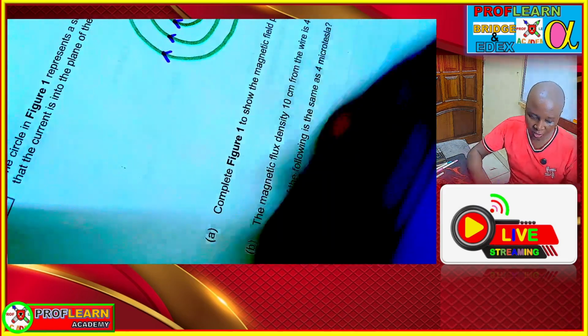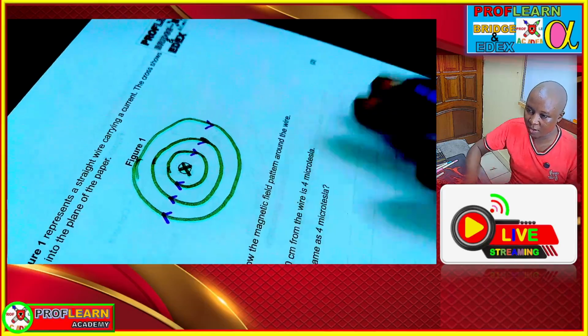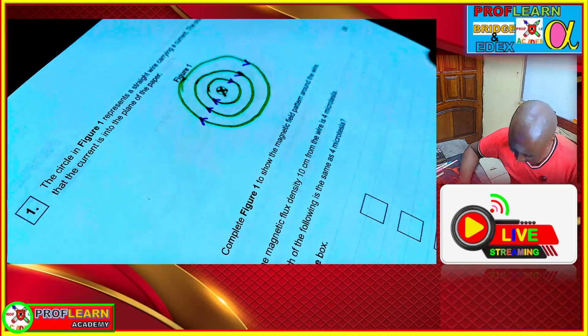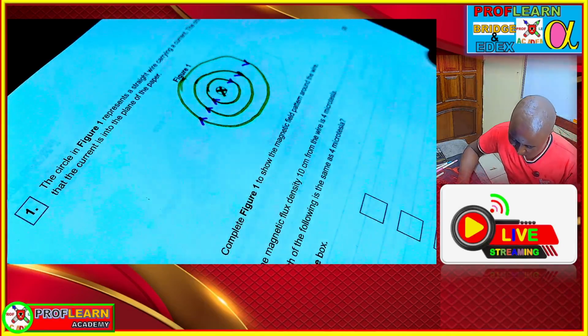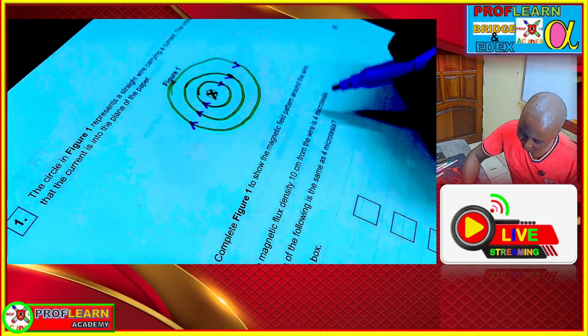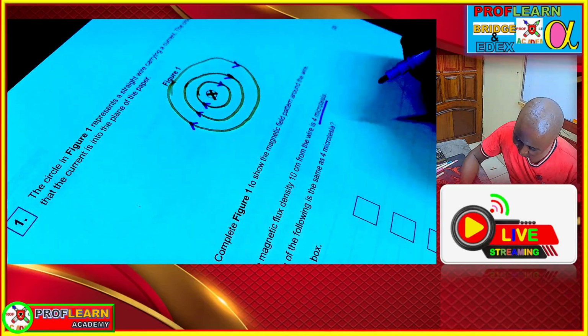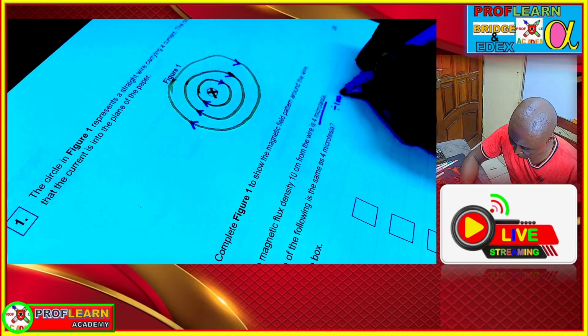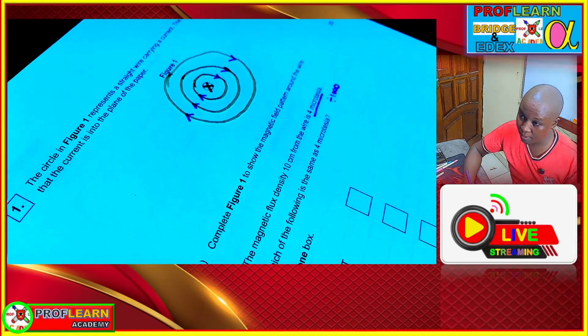We need to move to the next question, and we are told that the magnetic flux density 10 centimeters from the wire is 4 microtesla. Micro means divide by 1,000,000. That's what we mean by micro.